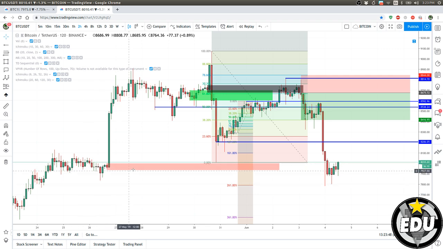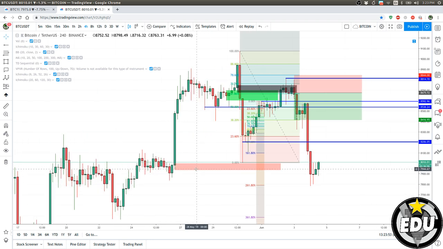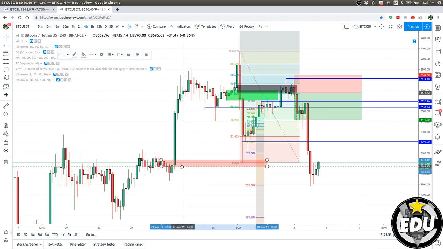The breaker block is actually this one I'm talking about, the bullish breaker.